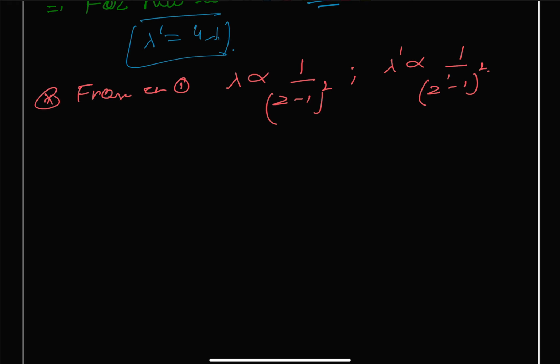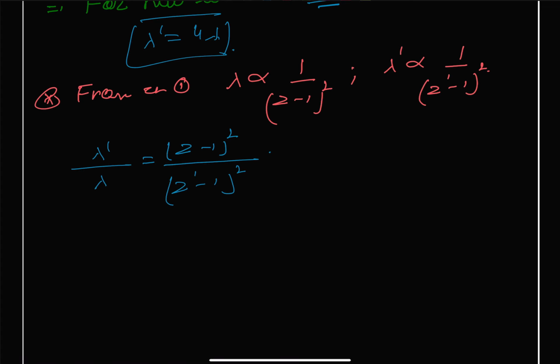Therefore, we can say lambda prime to lambda is equal to Z minus 1 whole square upon Z prime minus 1 whole square. And lambda prime is 4 times lambda.